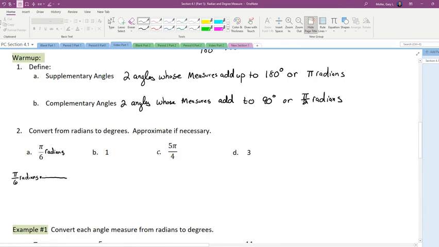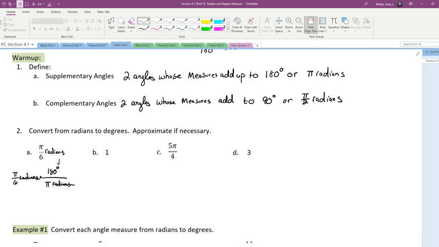The only thing I can do here is multiply by the number 1, but 1 can take many forms. For example, we know that in pi radians, there are 180 degrees. So by multiplying it this way, our radian unit on the bottom cancels radians on the top, and we're left with something that's in degrees. And now it's just up to us to do the rest of the math here.